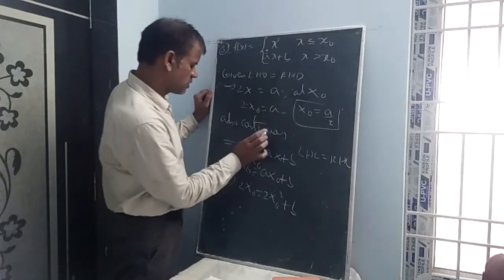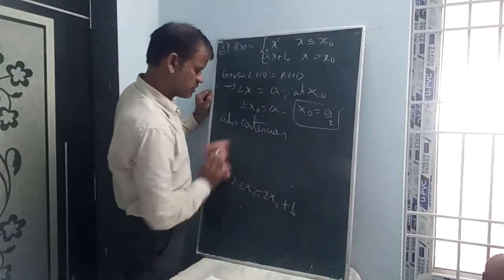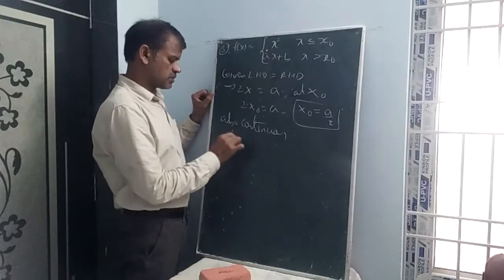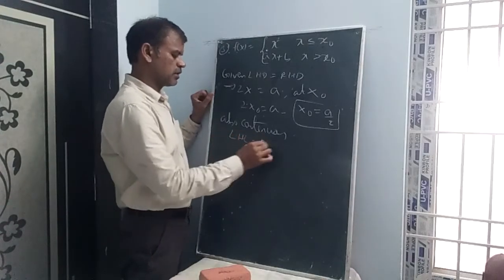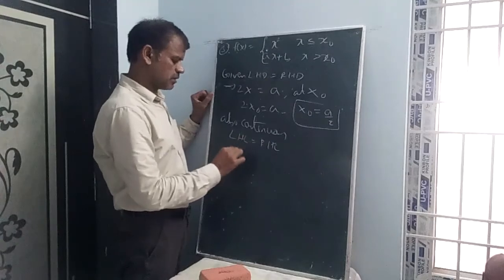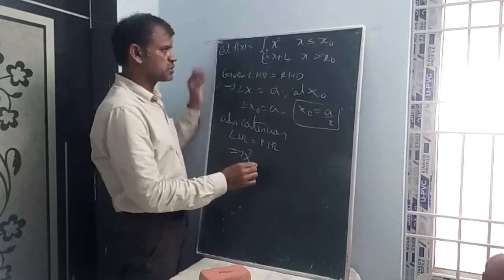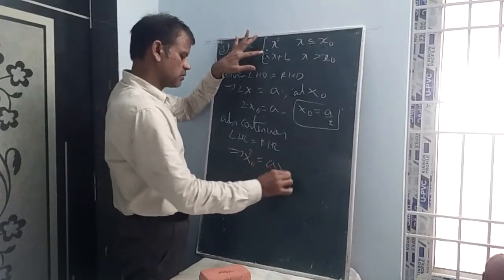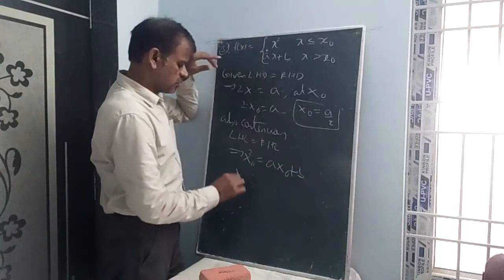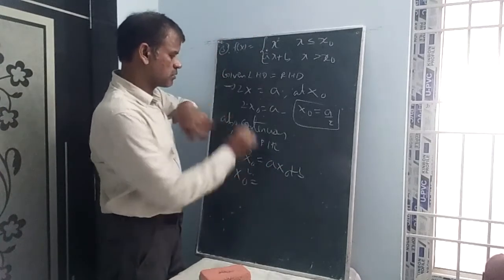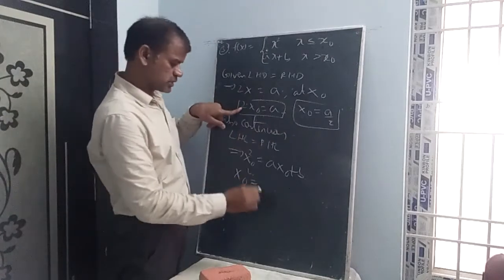Here 2x naught we should not write, just a mistake. Continuous concept: LHL equal to RHL. LHL meaning here directly I am writing x naught square is equal to ax naught plus b. So x naught square equal to, instead of a, substitute 2x naught.